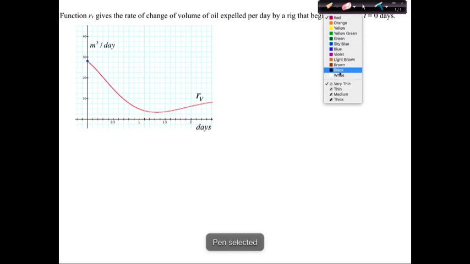So how could you represent that point right there? How could I represent exactly the coordinates of that point?